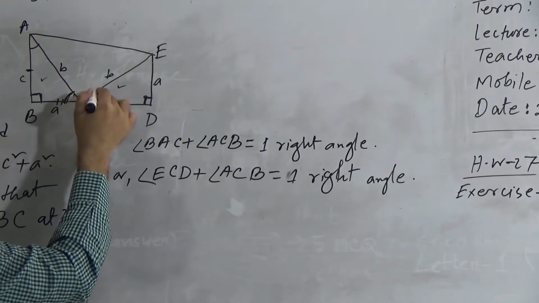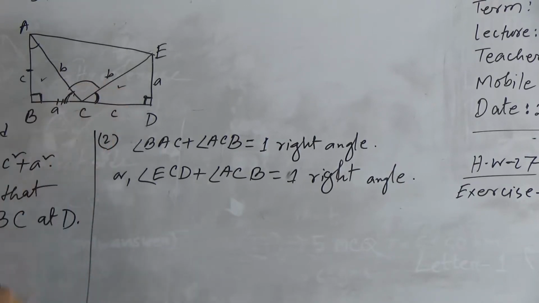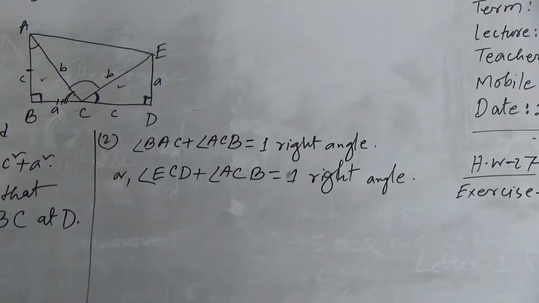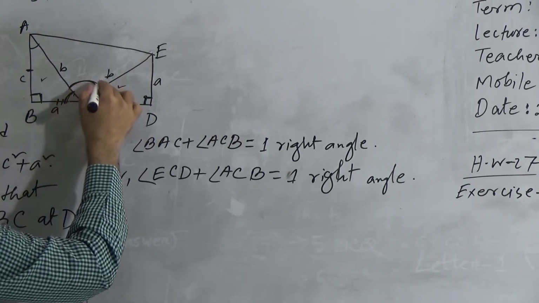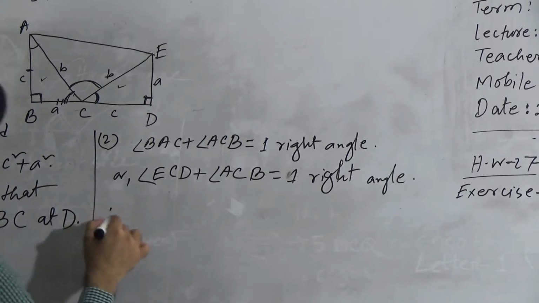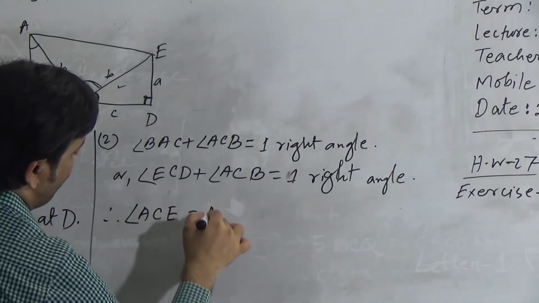Okay, dear students, now look at the figure here. Sum of these two angles is one right angle, but if we add this angle with the sum of these two angles, then the sum will be two right angles, as BCD is a straight line. From the figure we can say the rest of the angle ACE must be equal to one right angle. Therefore angle ACE is equal to one right angle.